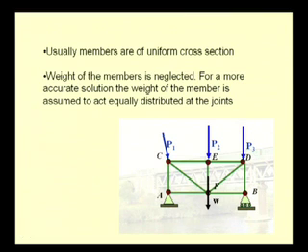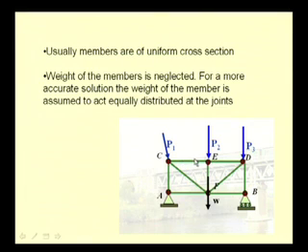The weight of the members is negligible compared to the externally applied load, but for better analysis we can consider the weight of the member to be equally distributed at their joints. Let us say the weight of the member CE is equally distributed at joint C and joint E for an accurate analysis.